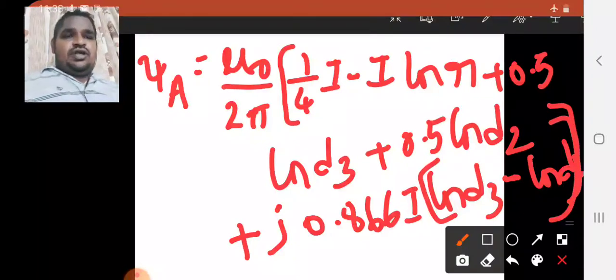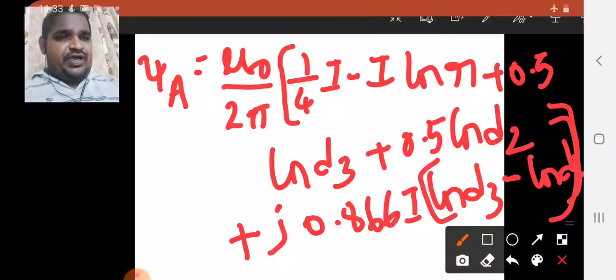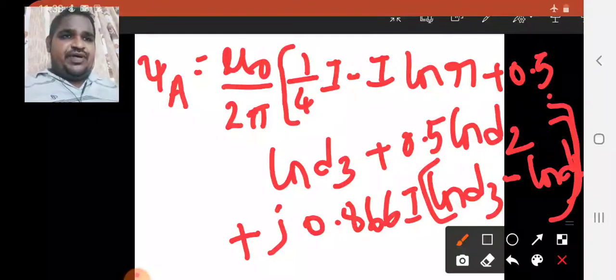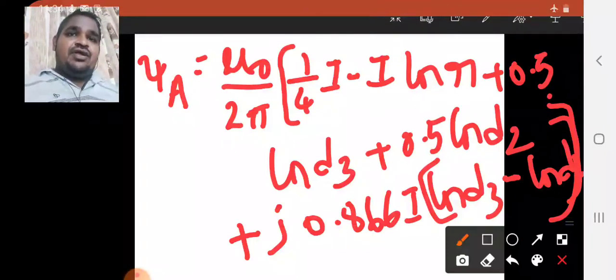Now again I am simplifying this equation. 0.5 ln D3 plus 0.5 ln D2 can be written as 0.5 into ln D2 D3, because ln a plus ln b is equal to ln ab, and similarly ln a minus ln b is ln a by b.